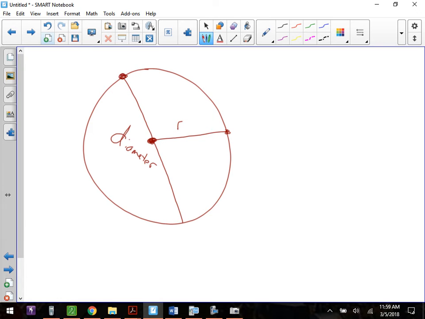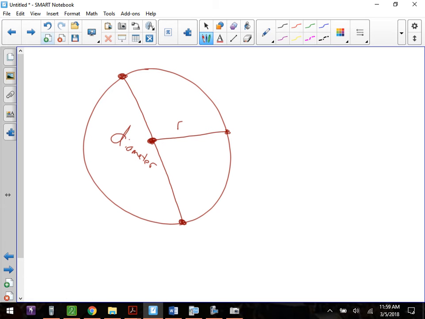A diameter has one endpoint here and one endpoint there. So the endpoints of the actual segment are on the circle. Now, a diameter is just a fancier version of a plain old boring chord. A chord, which we'll get to later on, could just be something like this. That was technically a chord, but we're not worried about that with areas right now. We'll come back to that when we get back to circles.